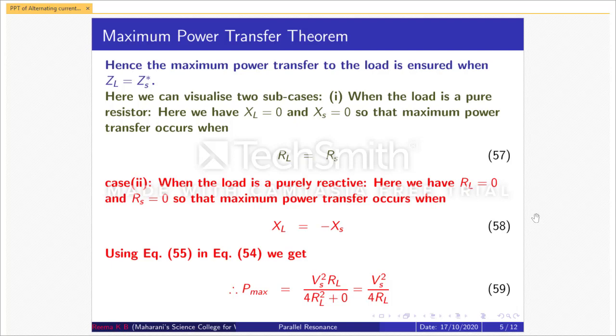Here we have RL = 0 and Rs = 0, so that maximum power transfer occurs when XL = -Xs. Using equation 55 in equation 54, we get Pmax = Vs² / (4RL).